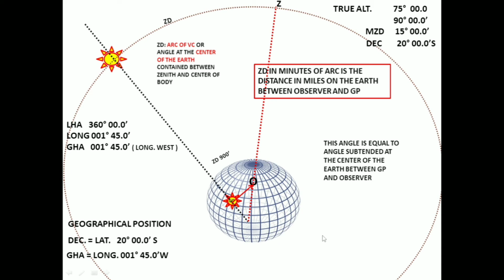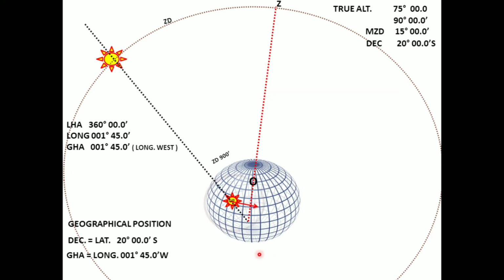Now with GP as the center, if I just draw a circle like this, this circle is now my position circle, which we discussed earlier, because all the points on the circle are at the distance of zenith distance.